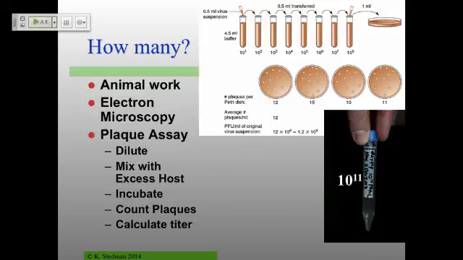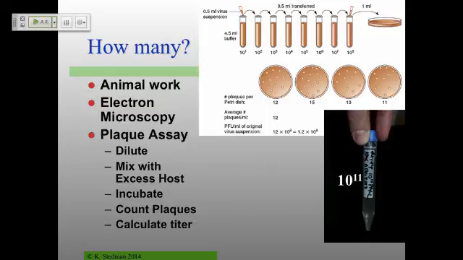Any kind of plaque assay, something like we'll talk about before, tells you absolutely nothing about pathogenesis. So if you care about what kind of diseases are being caused by a particular number of viruses, you really have to do animal models. They're expensive, they're messy, they smell, but if you care about pathogenesis, you really have to go down this route.